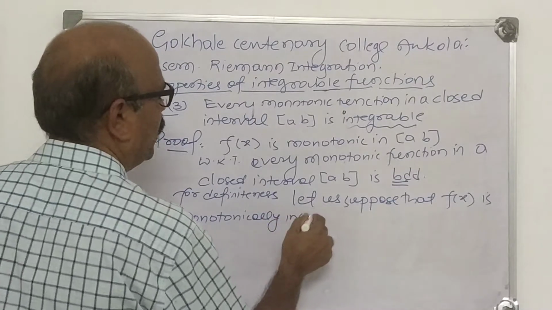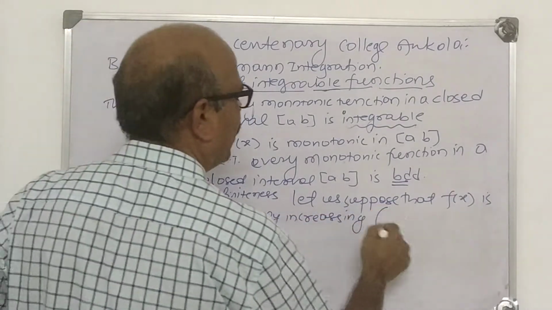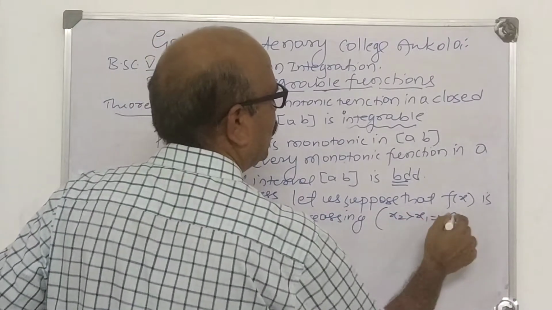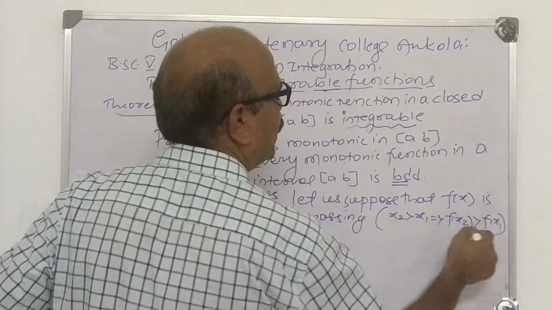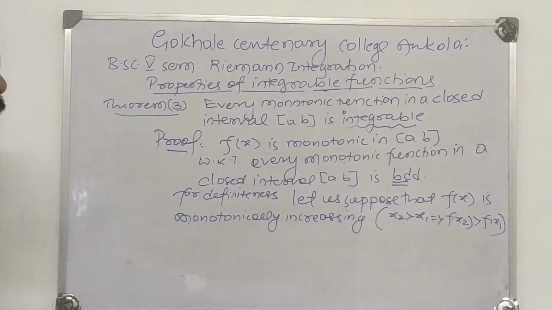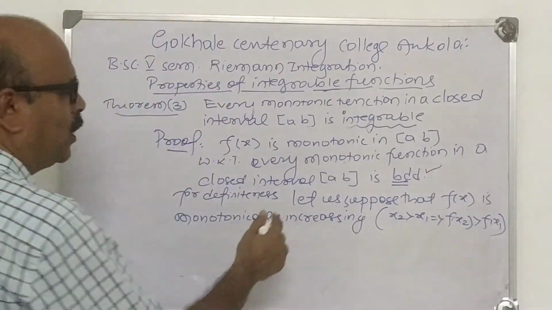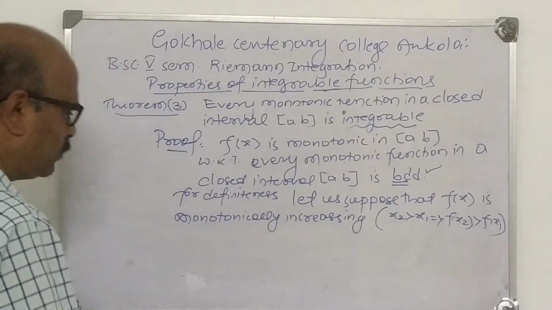Monotonically increasing means x2 greater than x1 implies f of x2 is greater than f of x1. Now, the function is bounded and we have supposed that it is monotonically increasing.